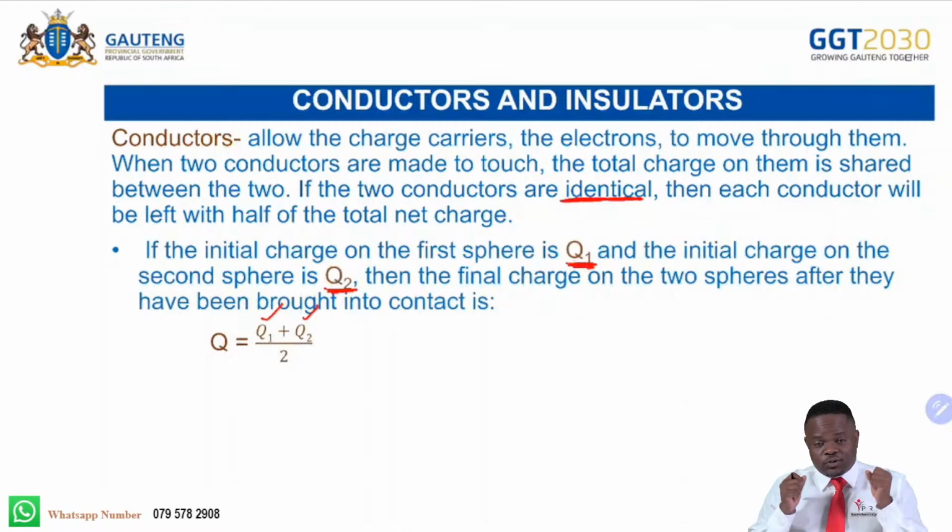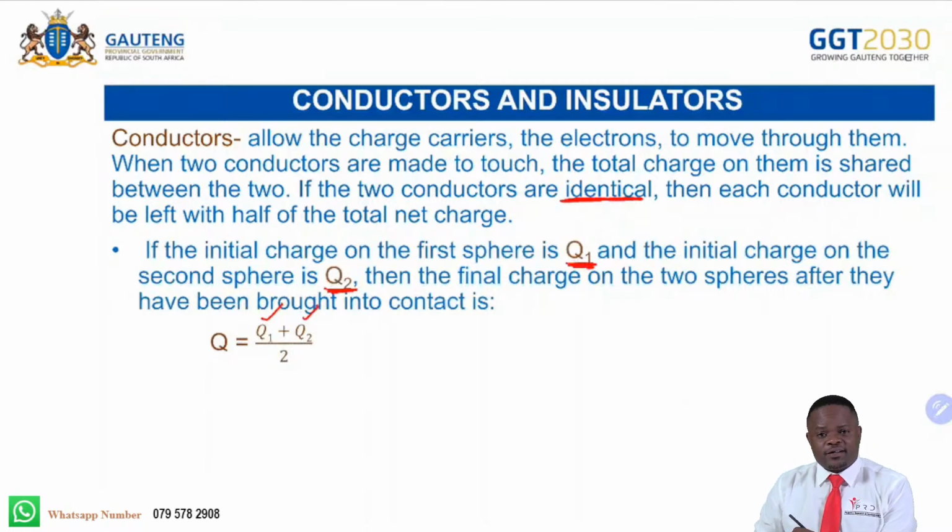The new charge on each sphere now is going to be the average of the net charge, provided that your spheres are identical or equal. So if I bring two spheres that are identical, I add their charges together, I get my net charge. Divided by 2, I'll get the new charge on each sphere after separation. Right? I hope it's making sense. If it is not, we will make it make sense by looking at a typical question.